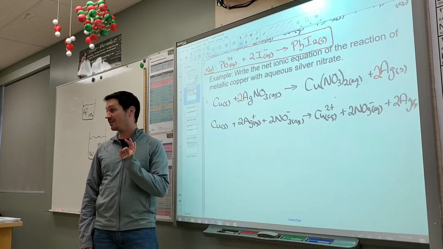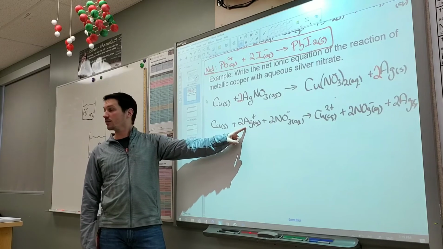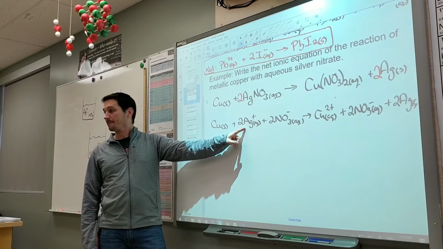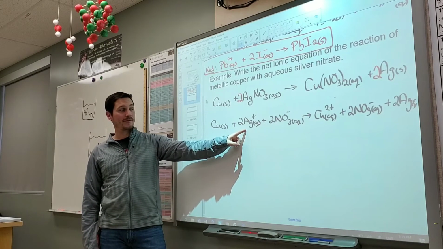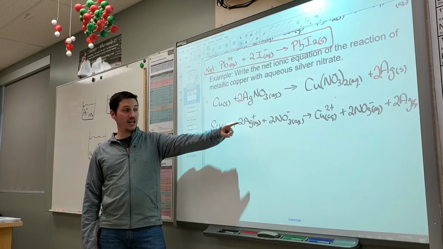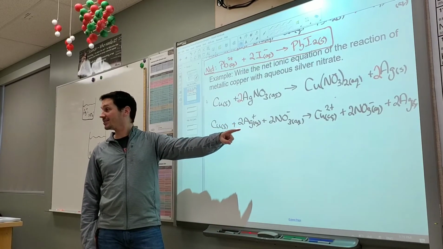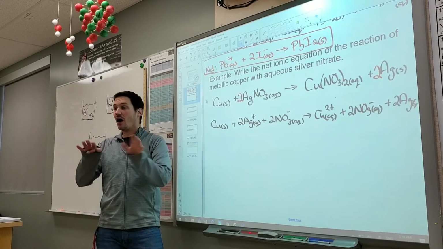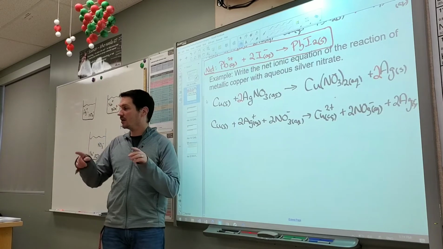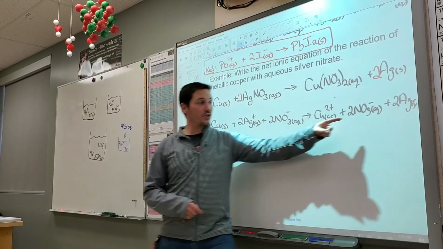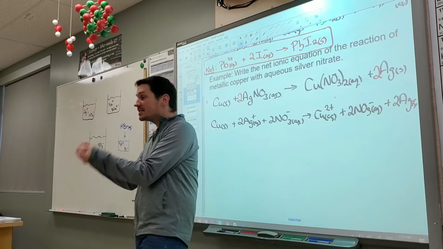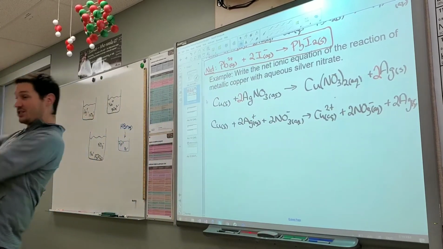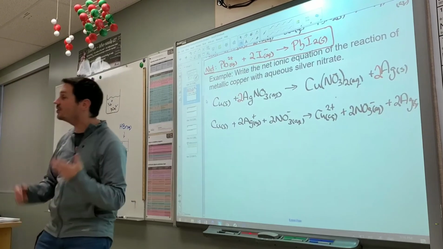No, it definitely changed. What about silver? Can we cross off silver? No, it changed. Big time. This is silver ions floating around the solution, and it turned into a chunk of silver metal that you could use to pay for things. That's a huge change.